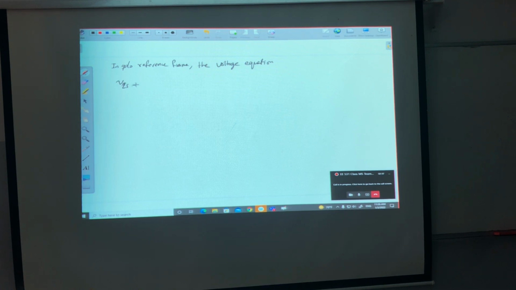VQS was equal to what? It was RS IQS plus d by dt of lambda QS plus omega lambda DS.